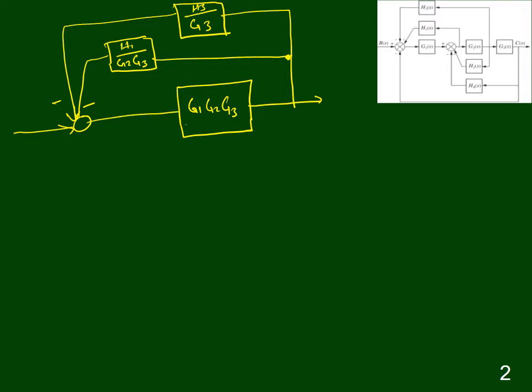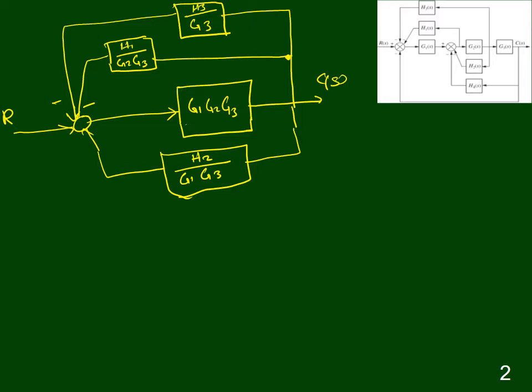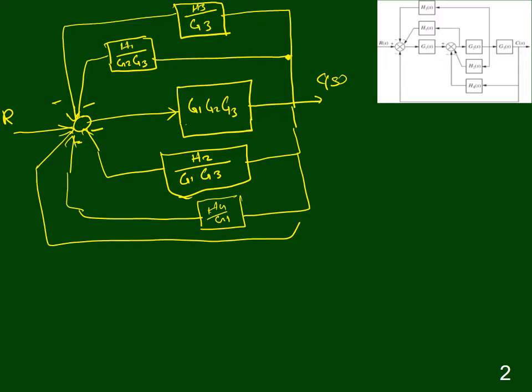From here, if we see the CS, it is now easy to see that the block is equal to H2 divided by G3 upon G2, H2 divided by G1 into G3, the block, minus the second one is H4 upon G1, H4 upon G1, minus, and finally we have the unity feedback.